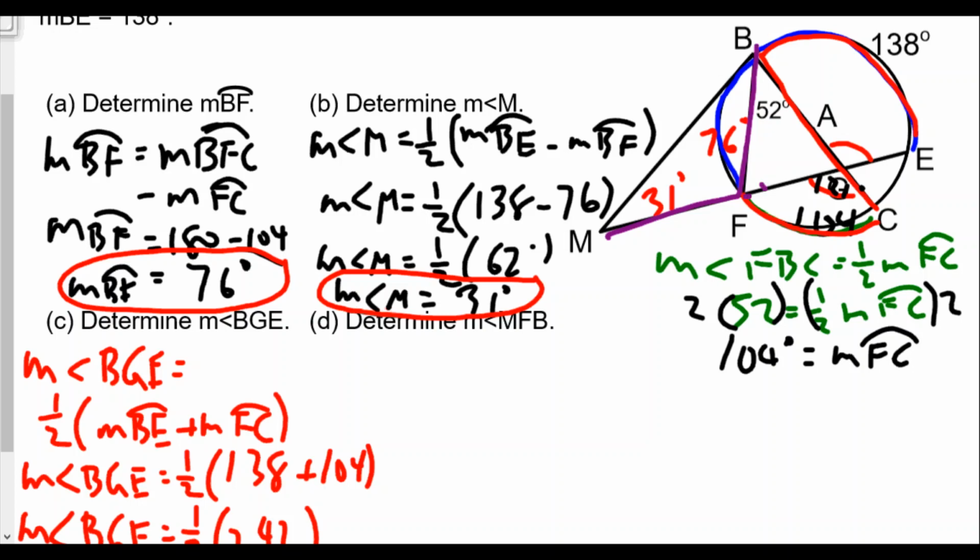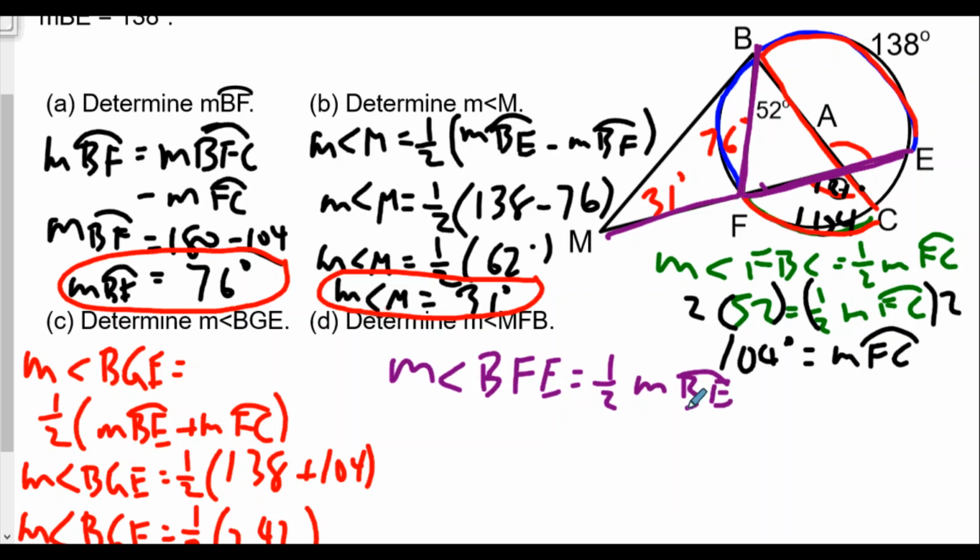We also know that if we extend this way, the measure of angle BFE is going to be the supplement of the measure of angle BFM because they form a linear pair. Two angles in a linear pair are supplementary. Therefore, we will first find the measure of angle BFE equals 1/2 the measure of arc BE.